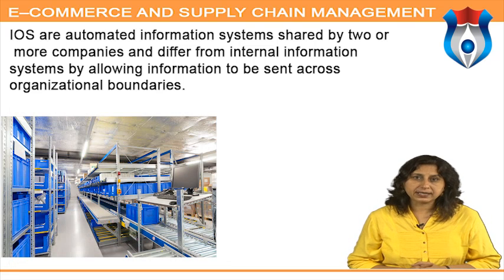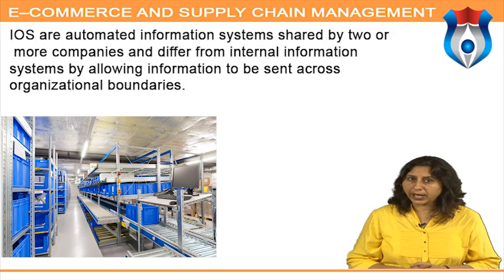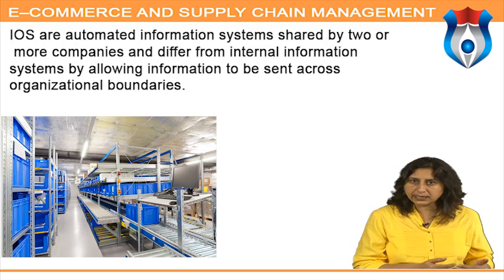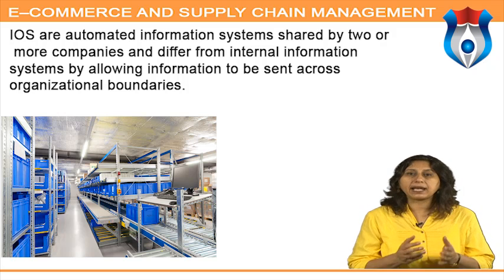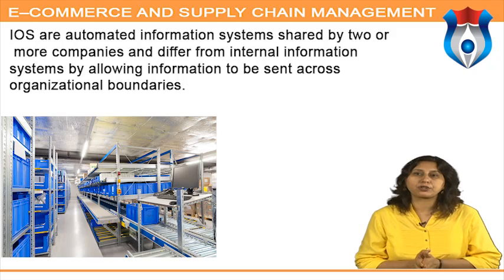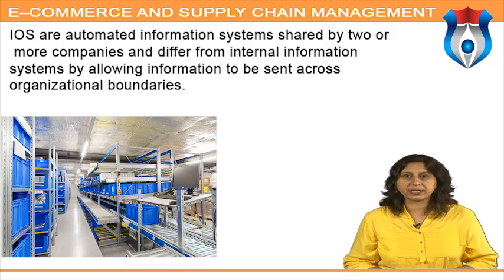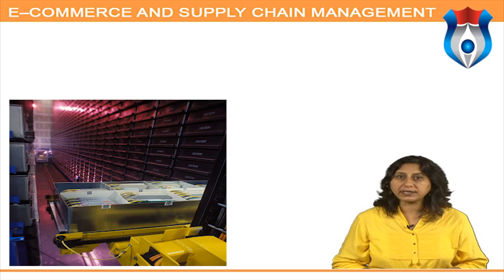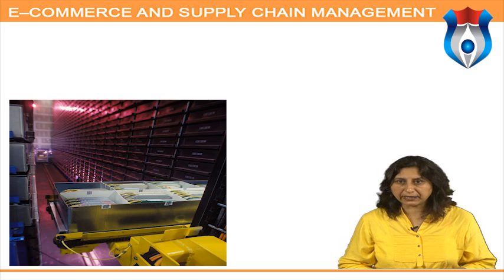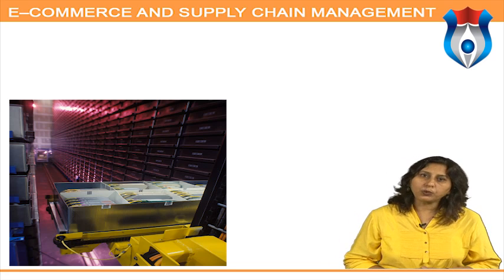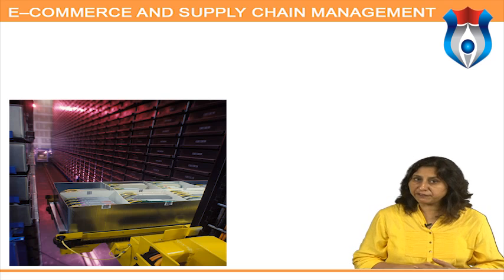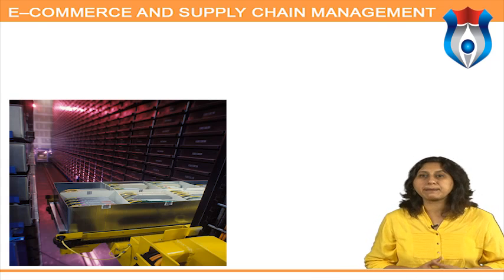IOS are automated information systems shared by two or more companies and differ from internal information systems by allowing information to be sent across organizational boundaries. Inter-organizational systems often have interdependent benefits, and therefore the way in which a trading partner implements a system may affect the benefits realized by the other party.